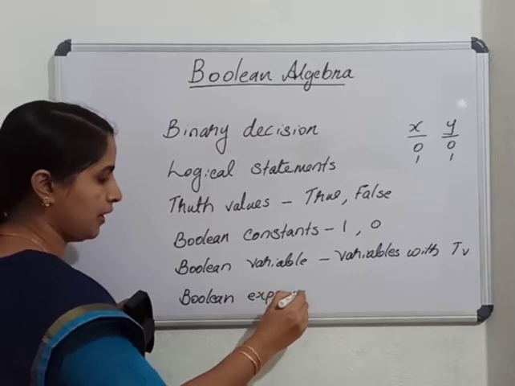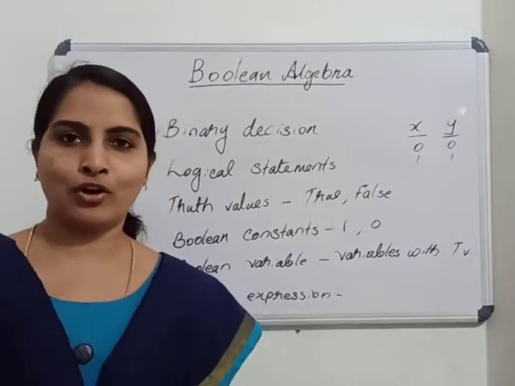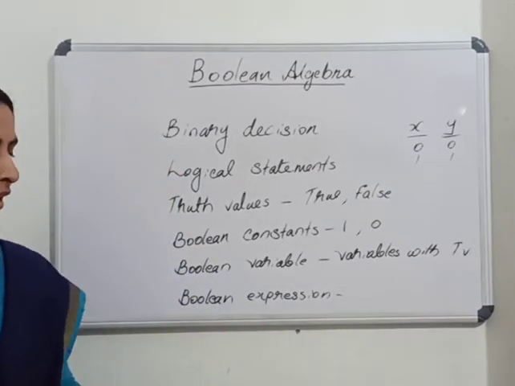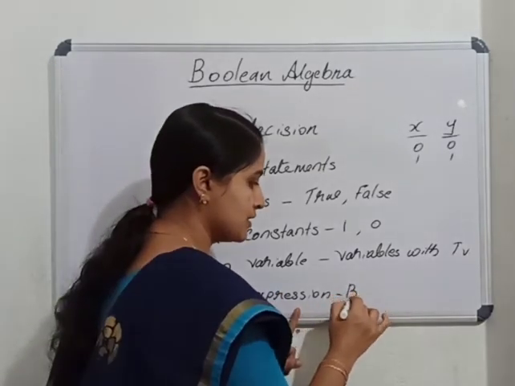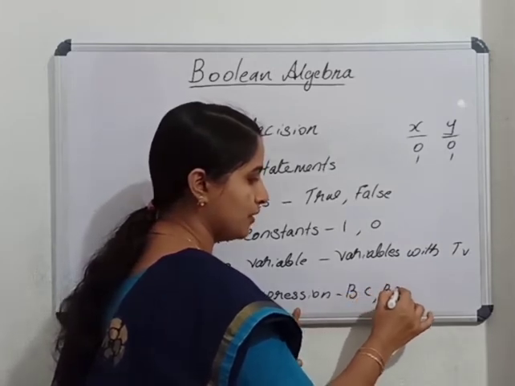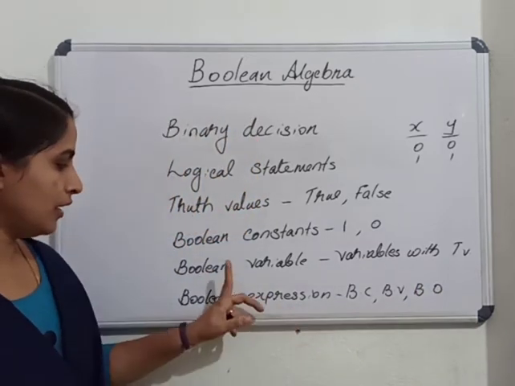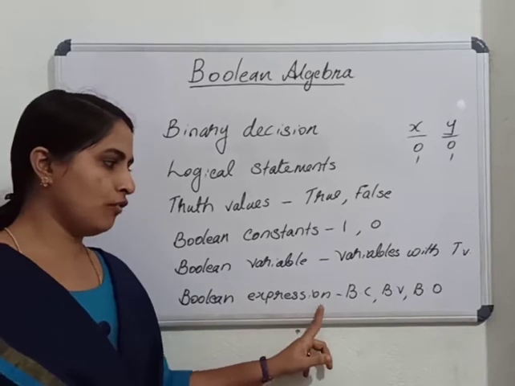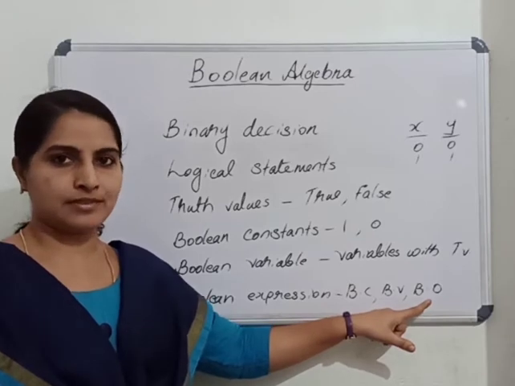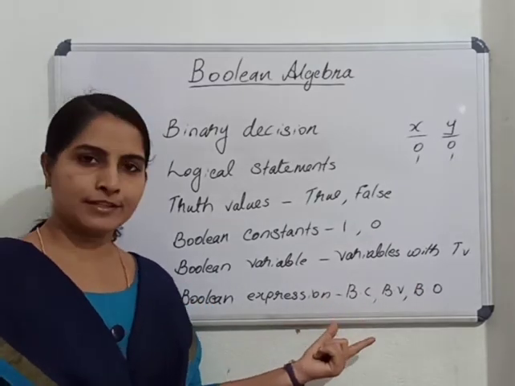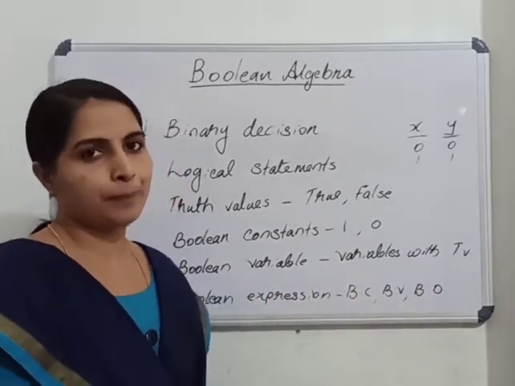A mathematical expression may have a combination of mathematical variables, constants and operators. So a Boolean expression is the combination of Boolean constants, Boolean variables and Boolean operators. We will see more about the Boolean expression throughout this chapter. I will give an example only after explaining the Boolean operators.